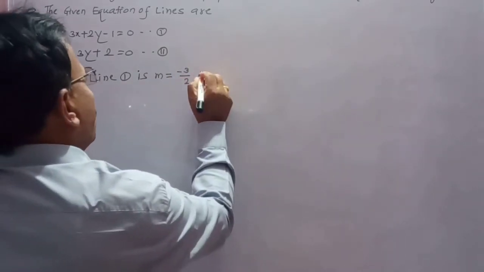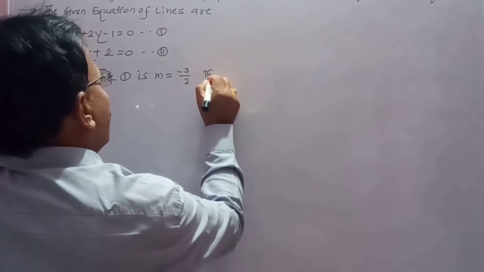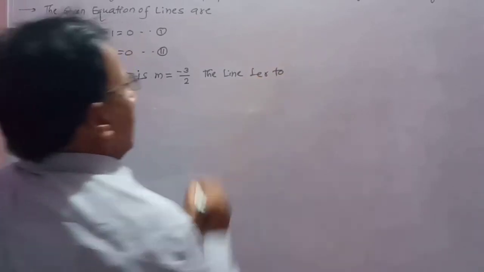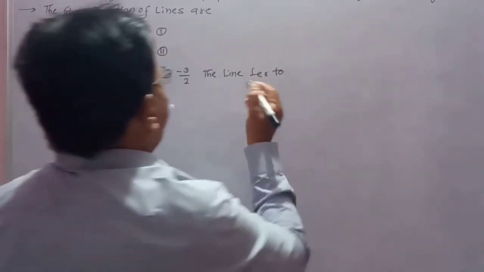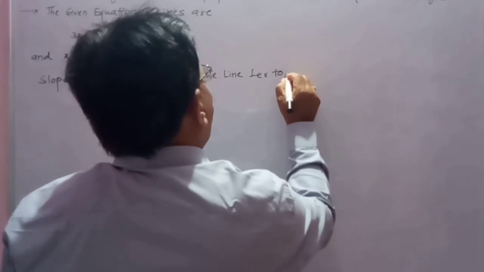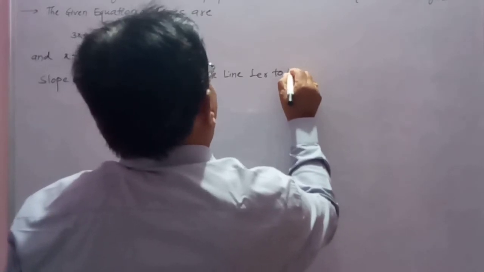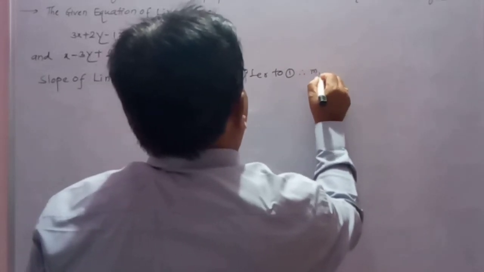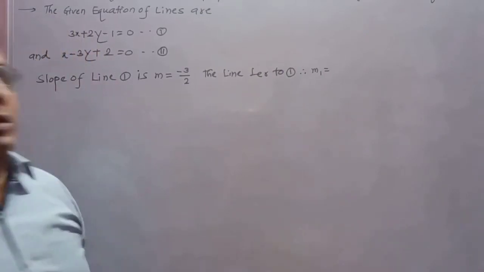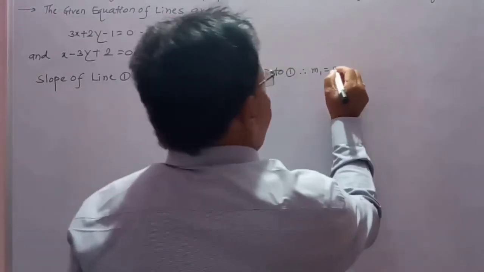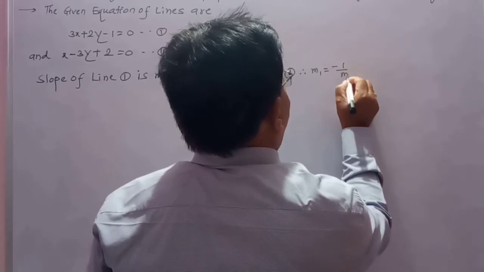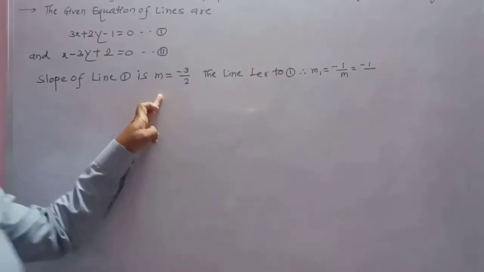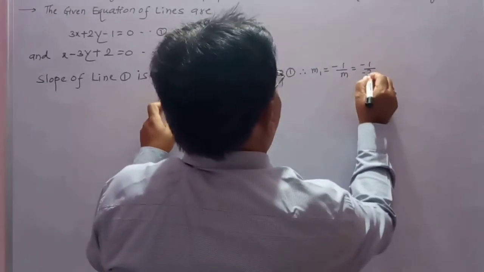The required line is perpendicular to the first. Therefore, m1, the slope of the perpendicular line, equals minus 1 divided by m. The value of m is minus 3 by 2.